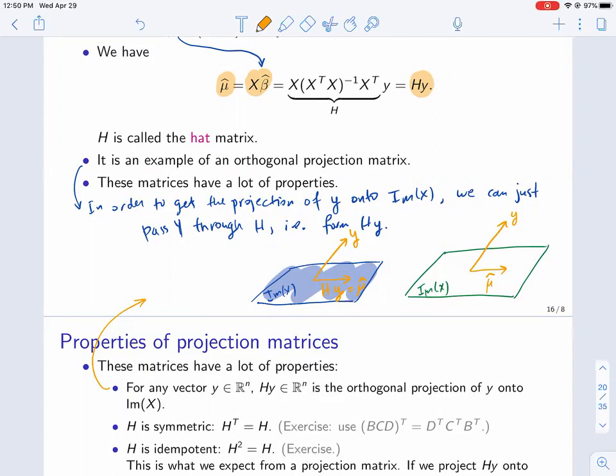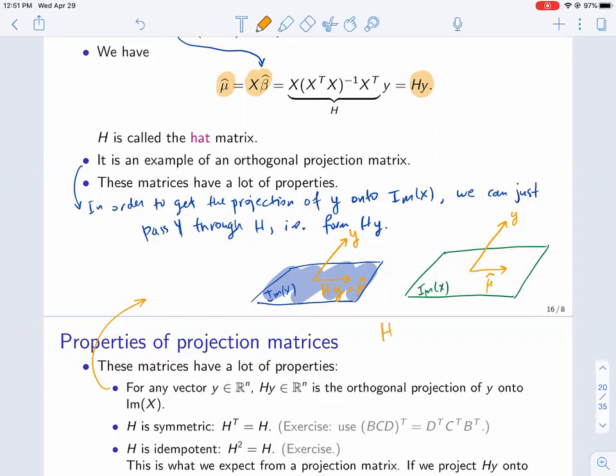When we talk about the projection, we talk about the minimal distance between a vector and a subspace. When mu hat is in the subspace, that means the minimal distance is 0. Exactly, minimal distance. So what is the projection? Mu hat itself. So if I project mu hat, I get back mu hat.